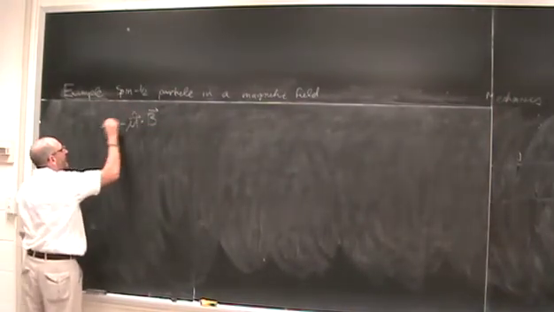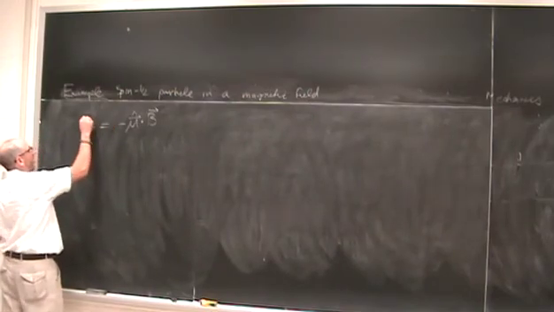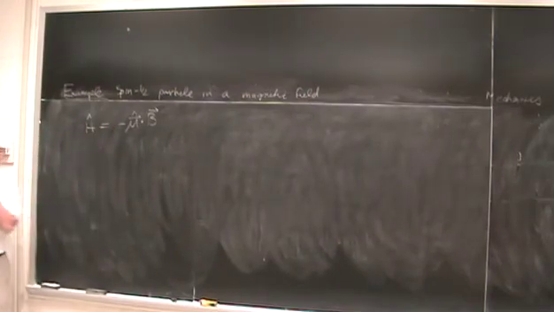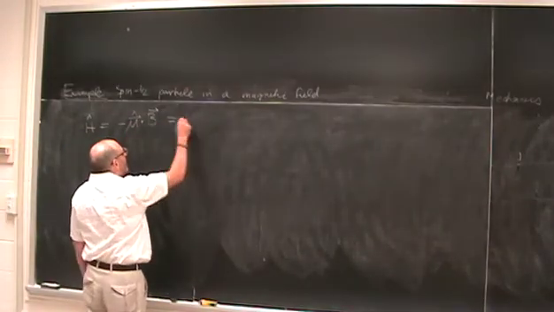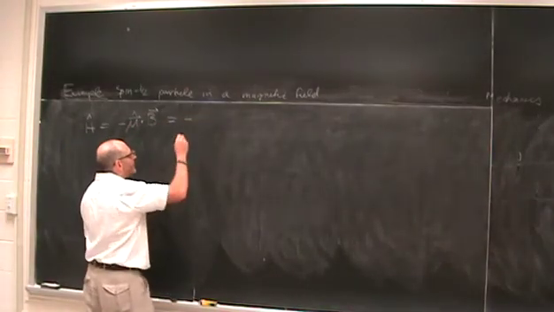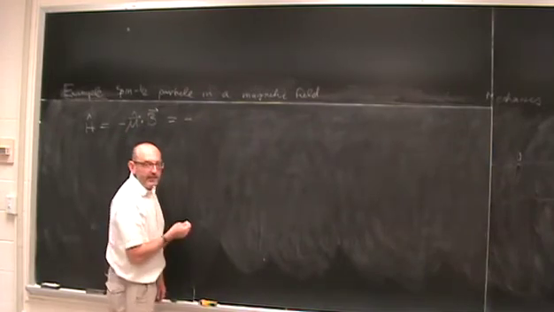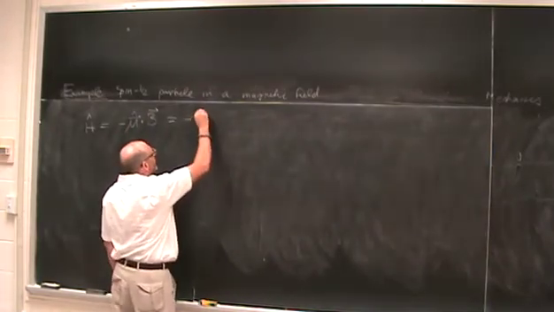Now in this case, the magnetic moment is an operator. You take the magnetic field to be classical. Okay, there's my Hamiltonian. And the magnetic dipole moment is proportional to the spin. And that proportionality constant we typically call gamma.